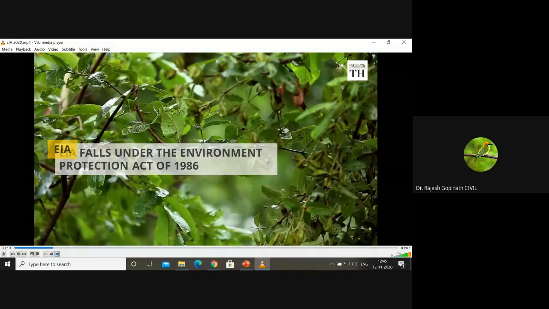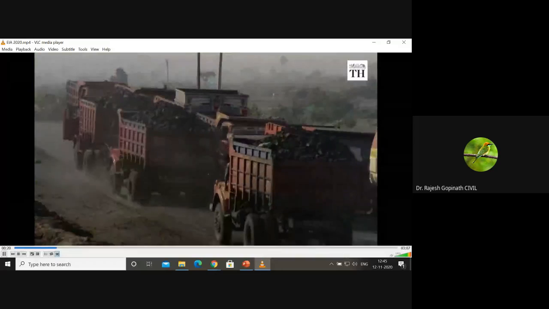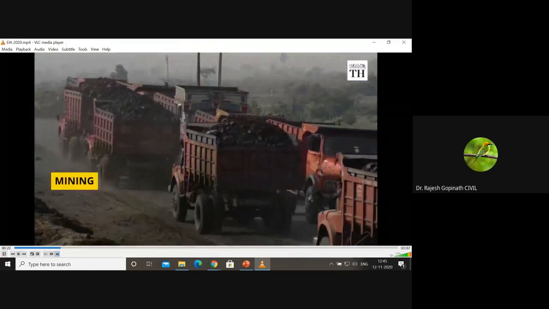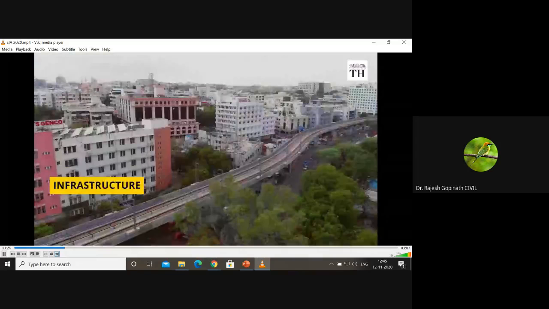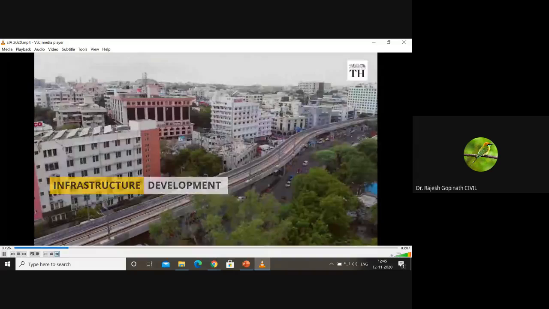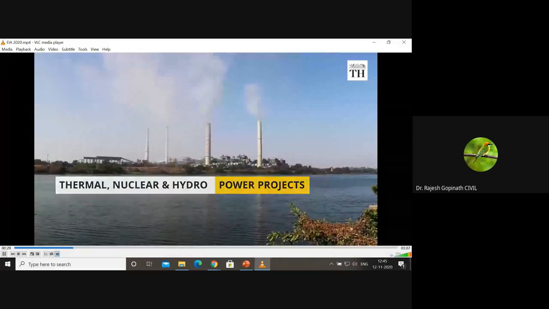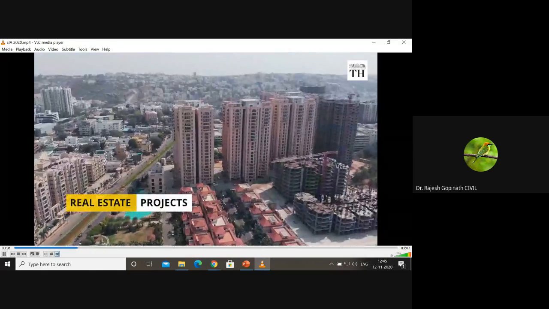This Environmental Protection Act of 1986 came only because of Bhopal gas tragedy. So the idea is to prevent such tragedies from repeating. EIA covers projects such as mining of coal or other minerals, infrastructure development, thermal, nuclear and hydropower projects, real estate and other industrial projects.